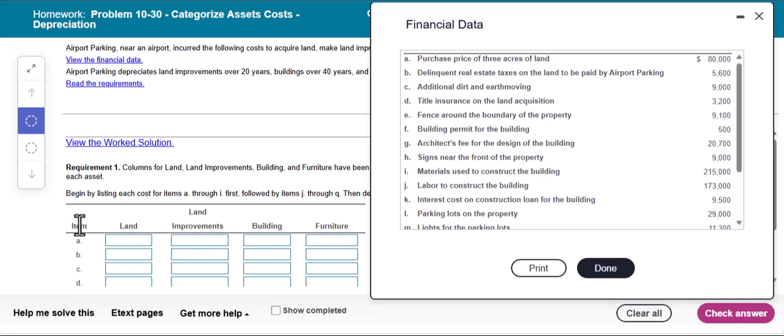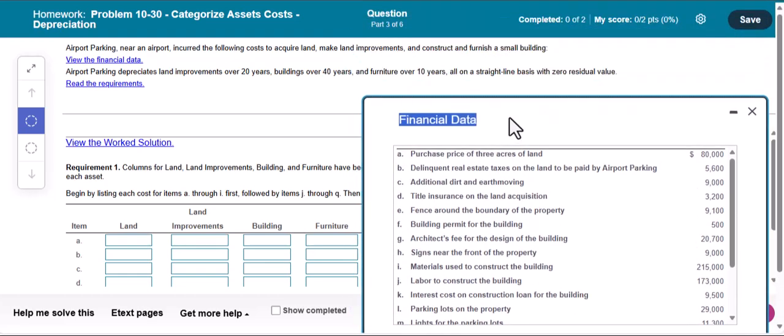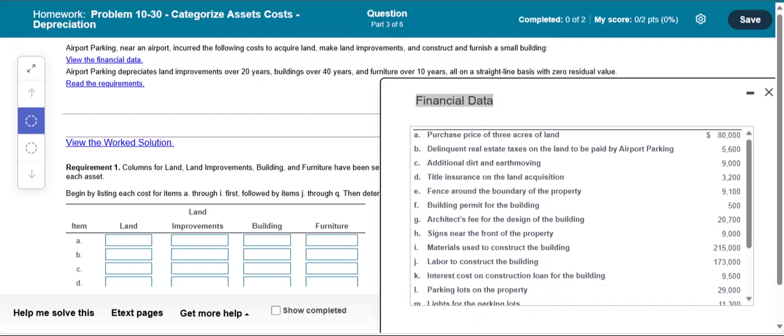And then land will last forever, however, so that one we do not depreciate. And again, recall those are all depreciated, the land improvements, building, and furniture over different time periods here. So we're going to have to keep track of them separately.